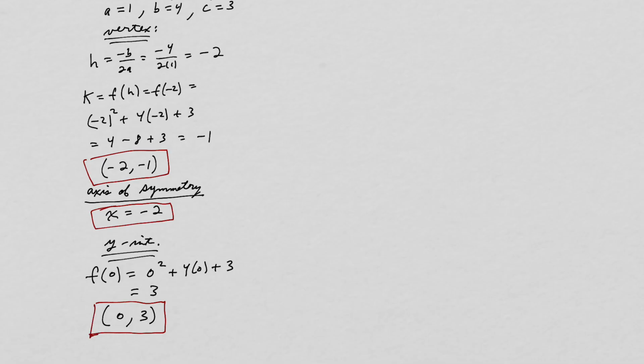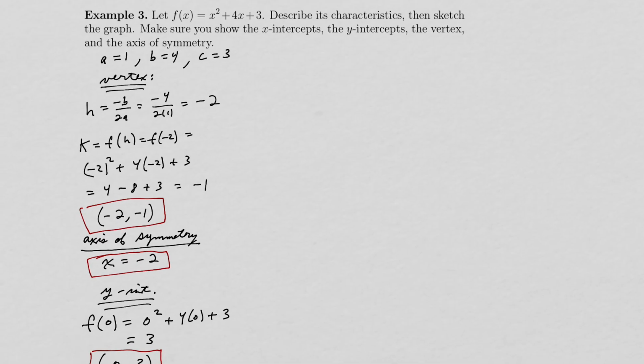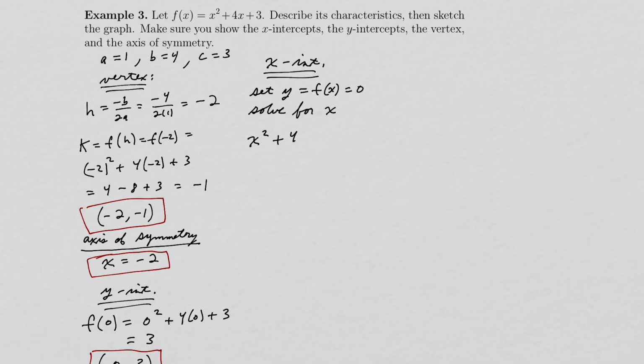Okay? And then does this have any x-intercepts? So let's go back and see if we can calculate the x-intercepts. How do I find the x-intercept? I set y equal to 0, but remember y is the same as f of x, equal to 0, and then solve for x, just like we've been doing for many different examples. So I'm going to set the entire function x squared plus 4x plus 3 equal to 0 and solve it for x.